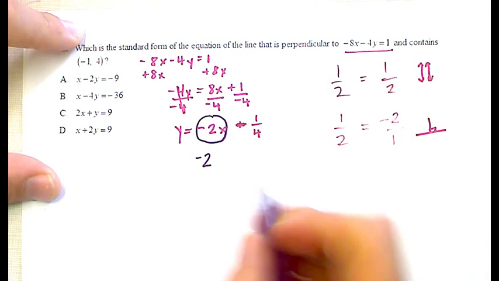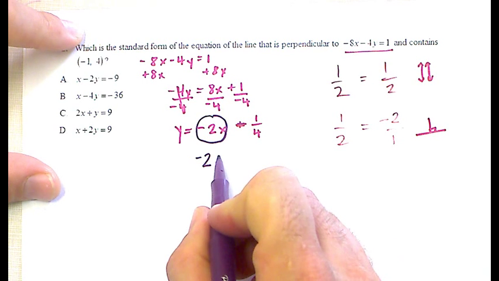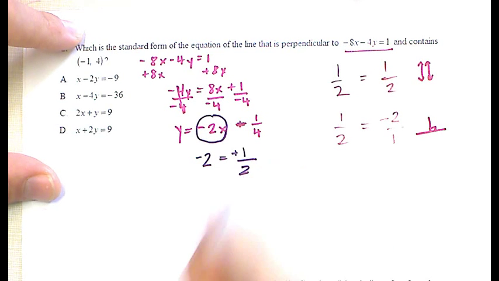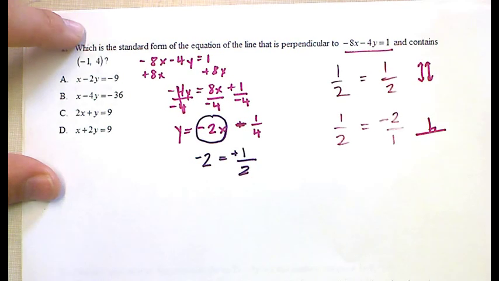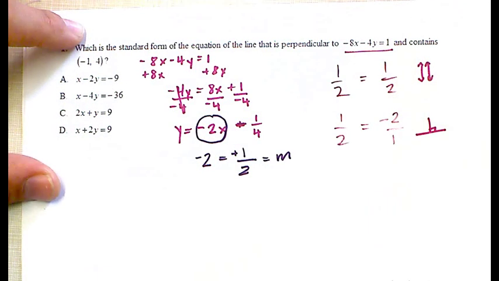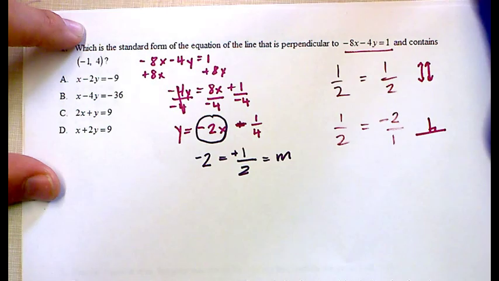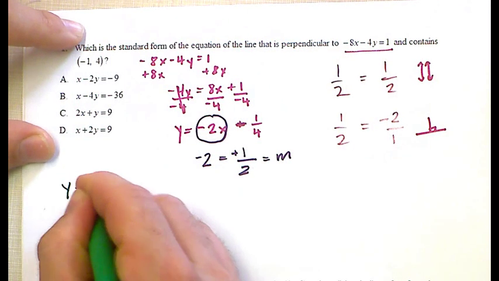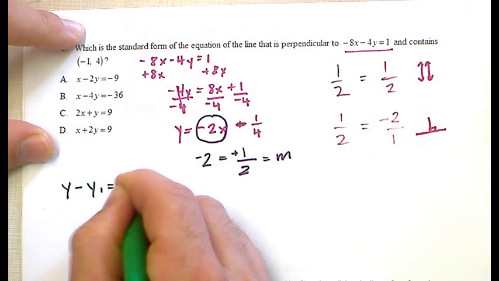So if I want to find a slope perpendicular to this, I would flip it and change the sign. Now I have 1/2 as my slope, as my m. Now again, one of those key formulas we work with is y minus y1 equals m times x minus x1.